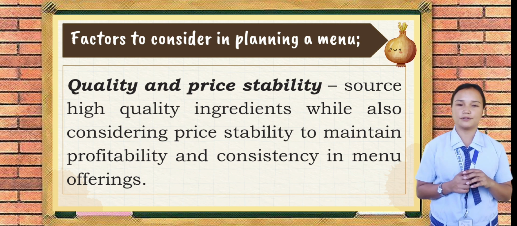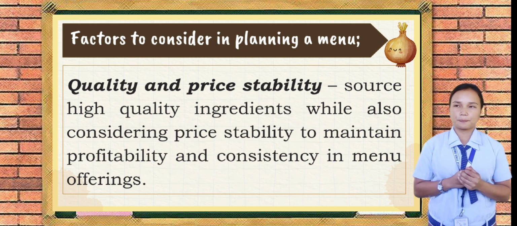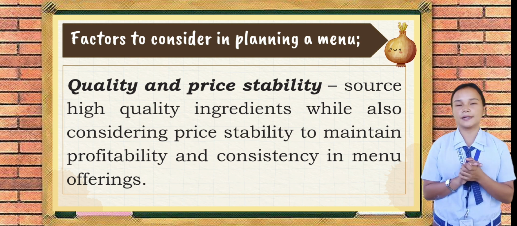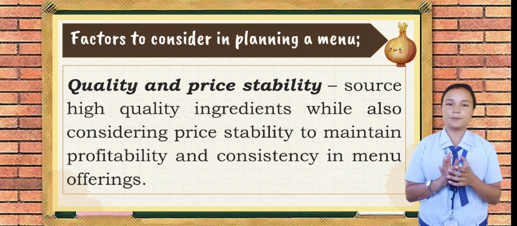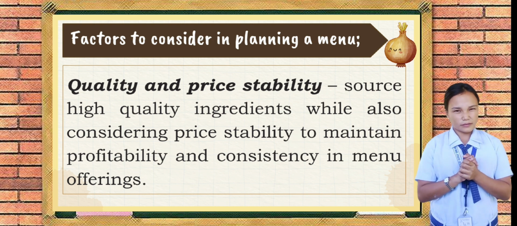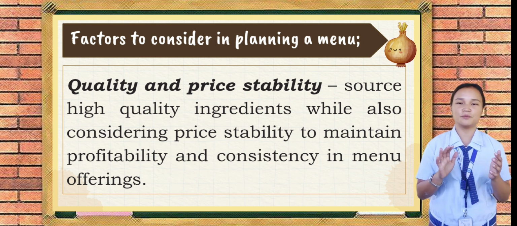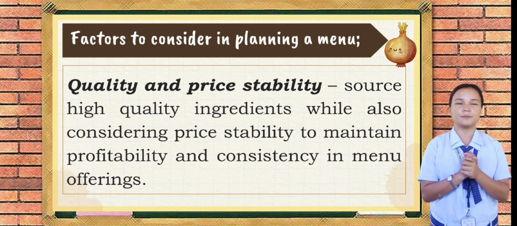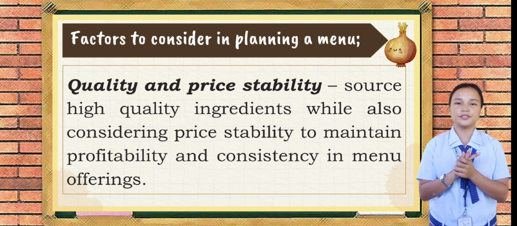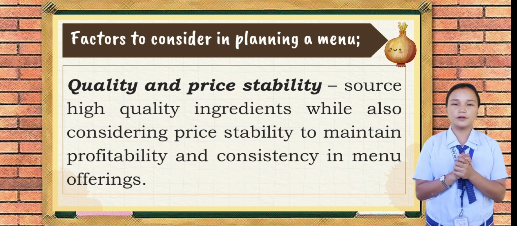Like for example, ang baligya nimo sa adobo kaniadto is 30, pag kuan nimo nga daghang giganahan, imo nang itaas ug 50, so dili jud na siya pwede. So kinahanglan jud nimo i-consider ang quality and price stability para ang customer pod nimo is magbalik-balik, no?